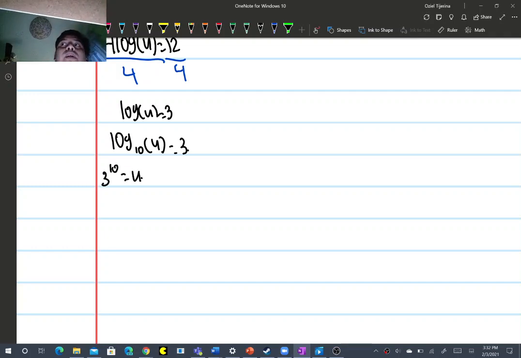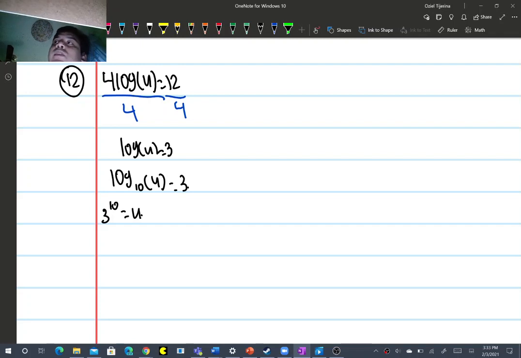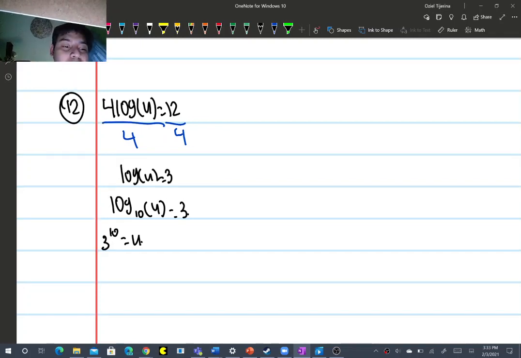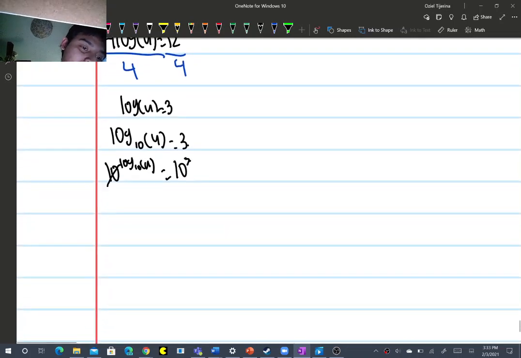Now, if you get your calculator... sorry, no, it's not 3 to the 10th. You have log base 10 of u is 3, so you're going to say 10 to the log base 10 of u equals 10 cubed. That means that u will be 10 cubed, that's just going to be 1000. Okay.